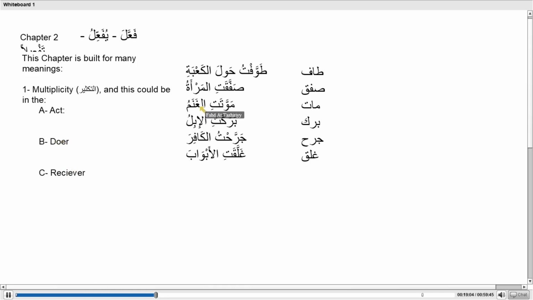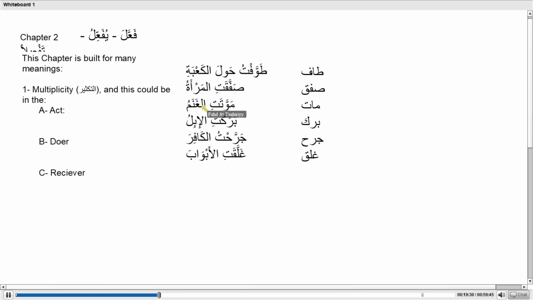Now, so موتت الغنم, can the multiplicity be in the act here? No, because the death happens once. أليس كذلك? But you wanted to show here not that the act of death happened many times.